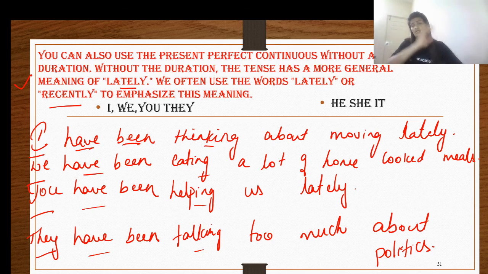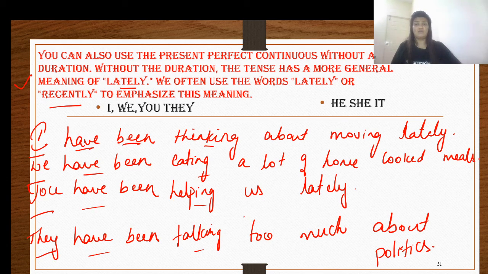It did not start way back, but just started recently, like maybe a day or two or a week or so. For that, we use the words lately or recently. So I have been thinking about moving lately, maybe moving from one place to another place or another house.